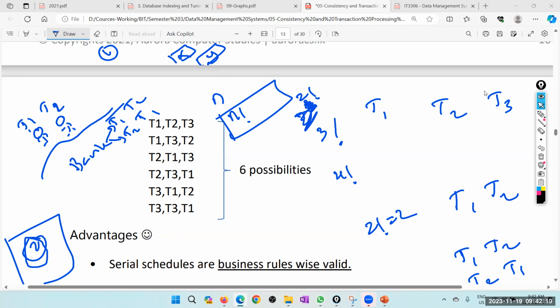Because without understanding this, no point, you will never ever understand the idea behind serializable schedules. Right? Conflict serializability, view serializability. So you will just memorize things without understanding what is happening. What is the idea behind that?